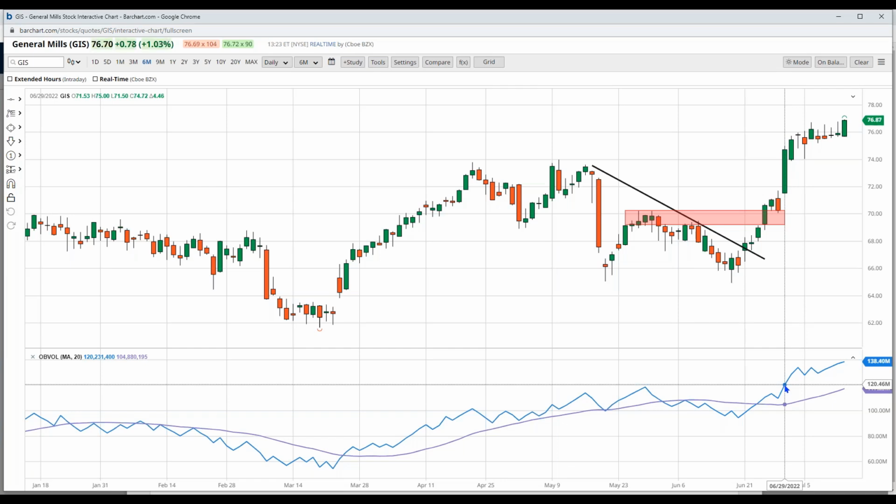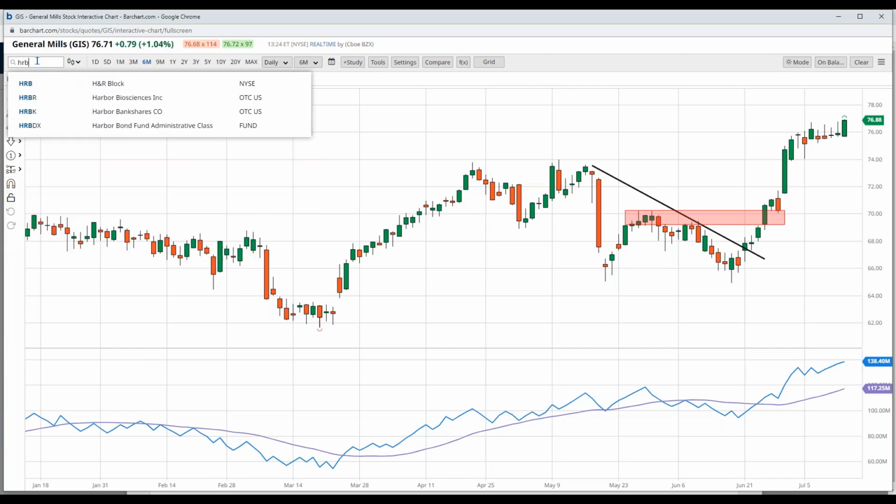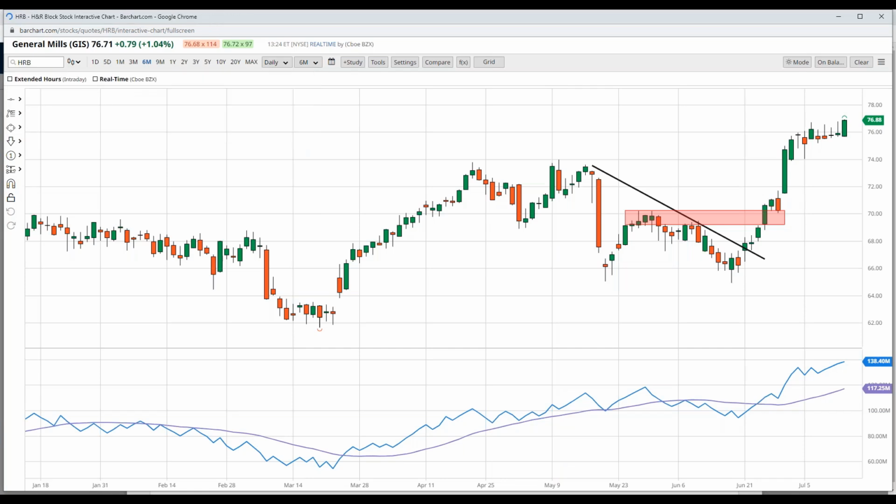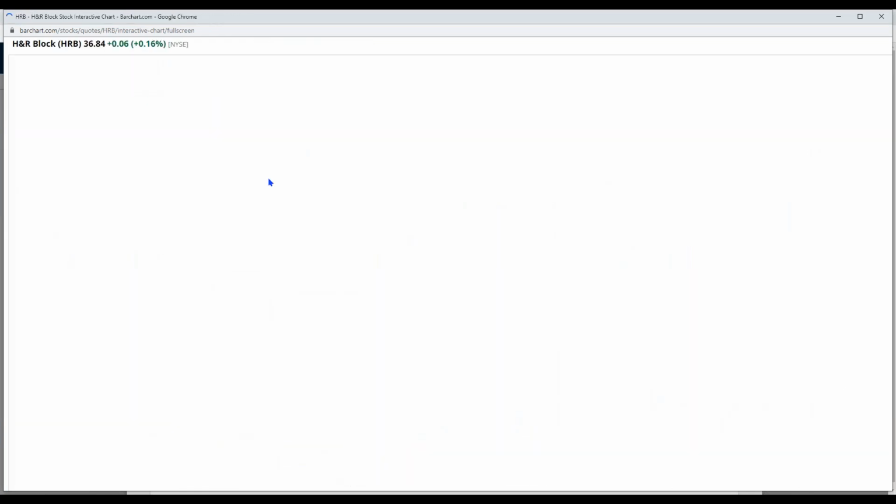Well, today we're making a new year-to-date high, and also our unbalanced volume is making a new year-to-date high. So is that giving us confidence that General Mills is probably going to continue to rise? Yes, it is. And that's what we can use as a tool to give us permission to take positions when we're making new highs, something that some traders might be fearful of doing.